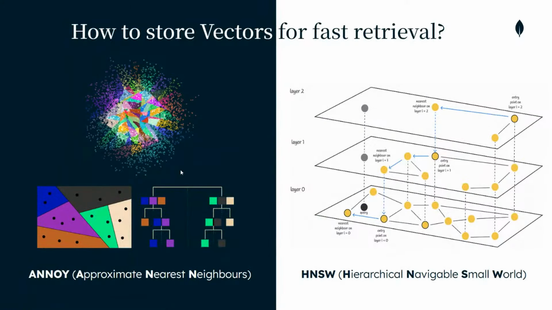So now this is a little more complex, but I wanted to quickly cover it, like how the vectors are stored for fast retrieval. Basically, when we want to execute the vector search, we can have really a lot of vectors in our vector database, really a lot of embeddings inside. It can be millions and millions or even billions.